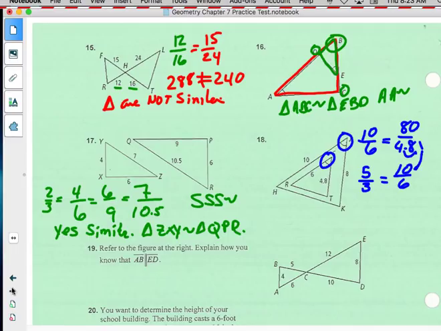If I reduce that one down, that would equal 5 to 3. So they are similar by side-angle-side similarity. And with that, I've got triangle JHK is similar to triangle SRT.